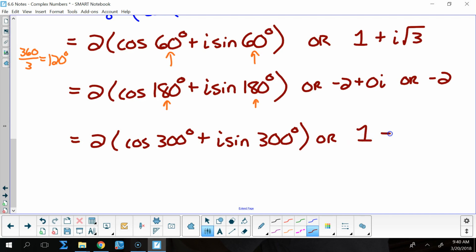What's the sine at 300 degrees? -√3/2, right? Times 2 is -√3 times i. Right? And there's our third one. I added 120 to 180. I added this to there.